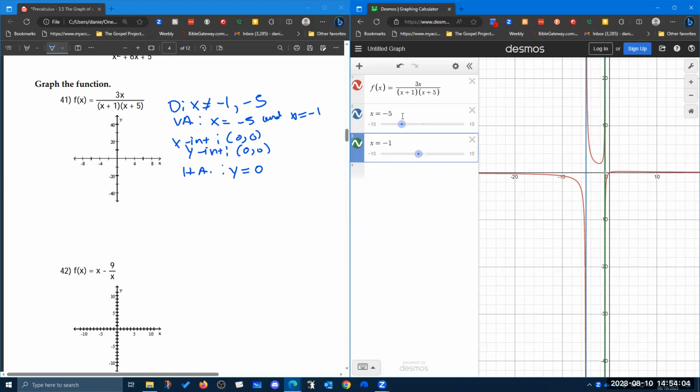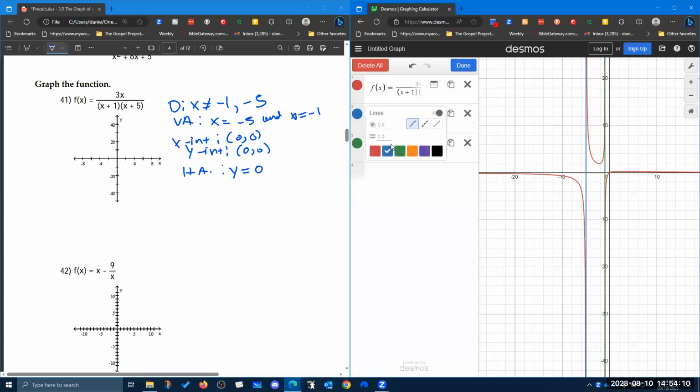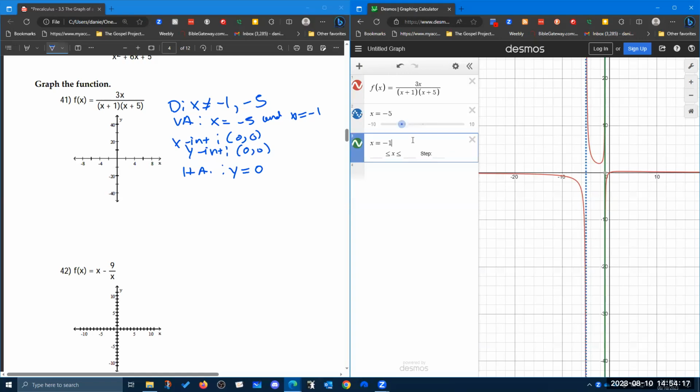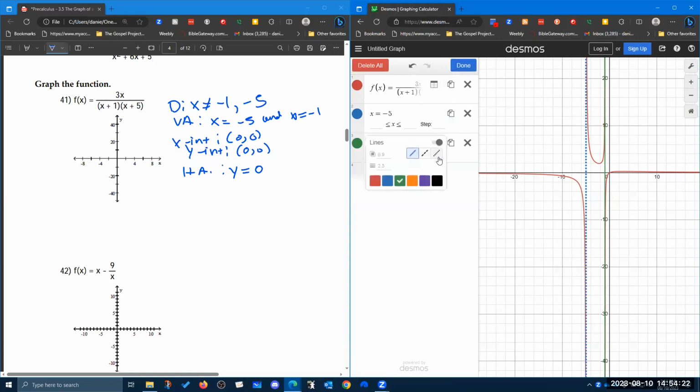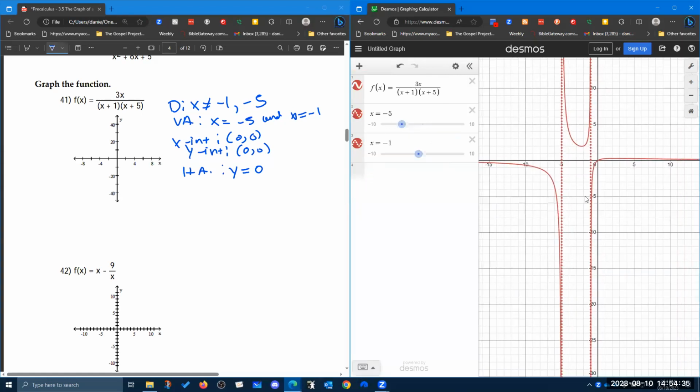I want to make them broken, and let's make them all the same color so that they all look like they're part of the same graph. Those dotted lines are not actually part of the graph, they're just boundaries.